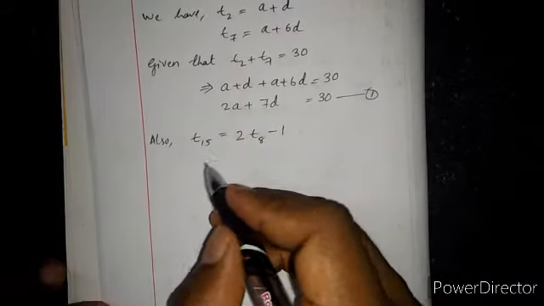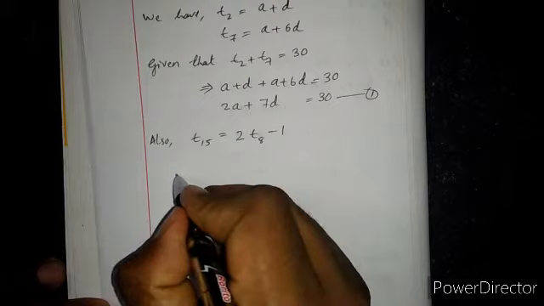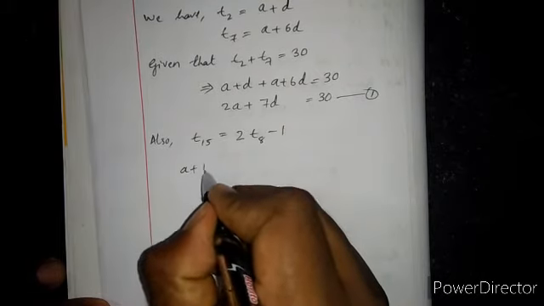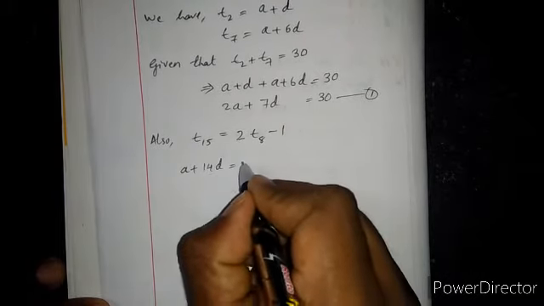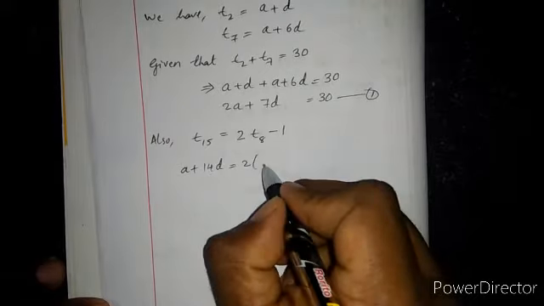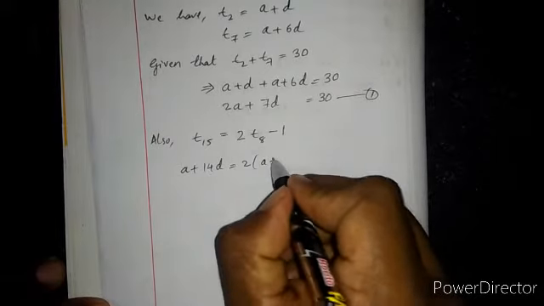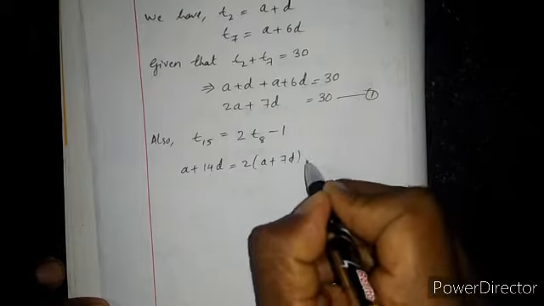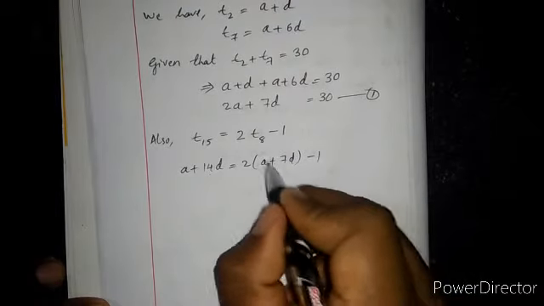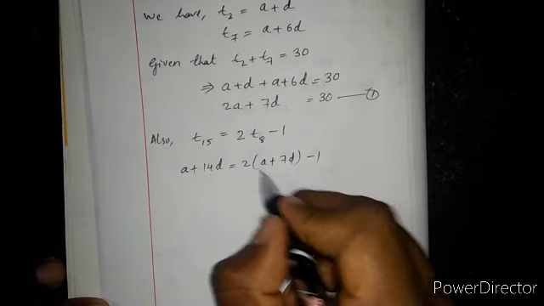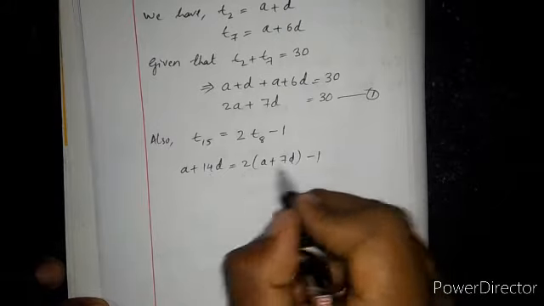Now let us expand this one. So tell me, what is the 15th term equation? That is A plus 14D is equal to 2 into, what is the 8th term? A plus 7D, bracket closed, minus 1. Most importantly, do not forget to keep this within brackets or else you will make a mistake.